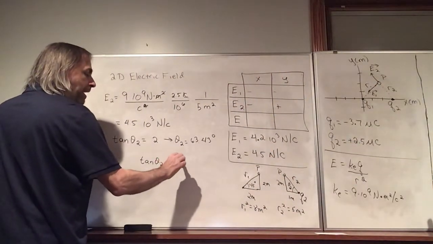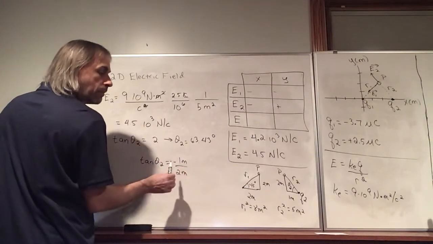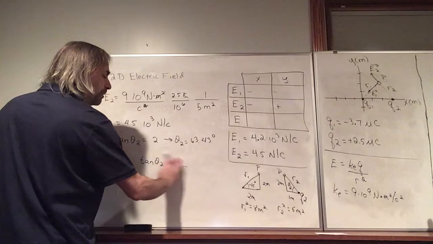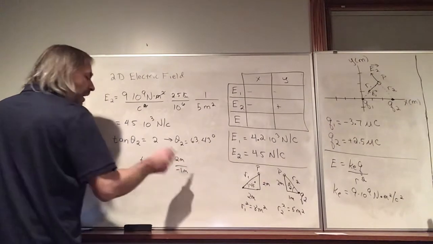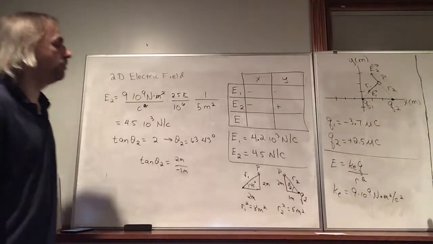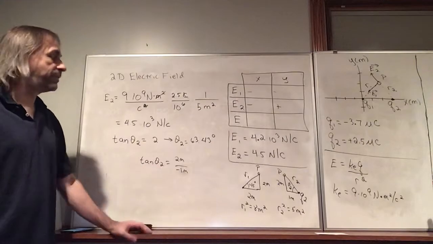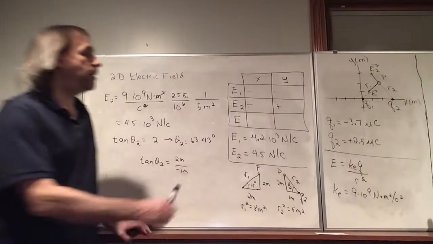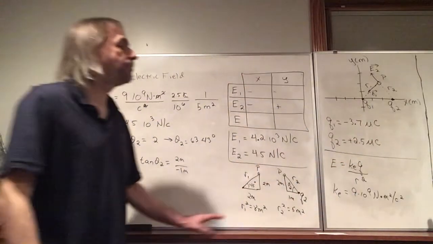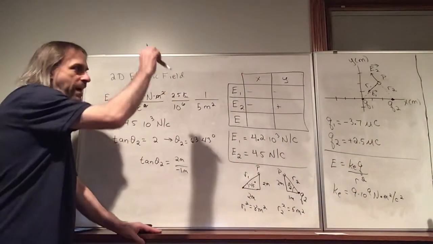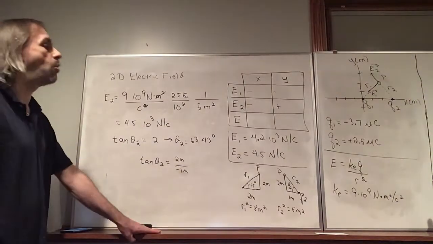So you could have minus 1 meter over 2 meters, or sorry, 2 meters over minus 1 meter, and take the inverse tangent of negative 2, and that would give us an angle of negative 63.43. That would be in quadrant 4, a negative angle. And so that would imply that E2 is pointing in the exact opposite direction of how it's actually pointing.